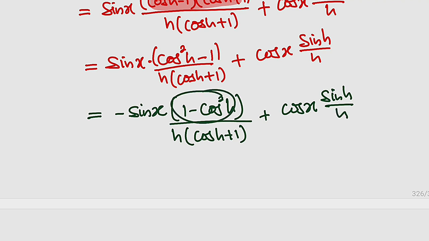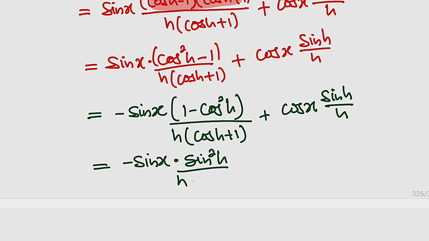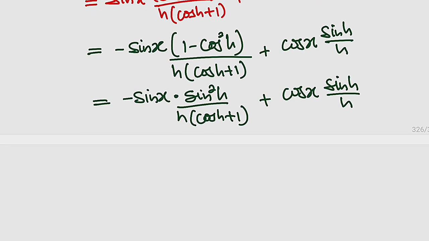And 1 minus cos squared h is nothing but sine squared h. So this is equal to negative sine x multiplied by sine squared h divided by h times cos h plus 1, then plus cos x sine h divided by h. We can split this, right?